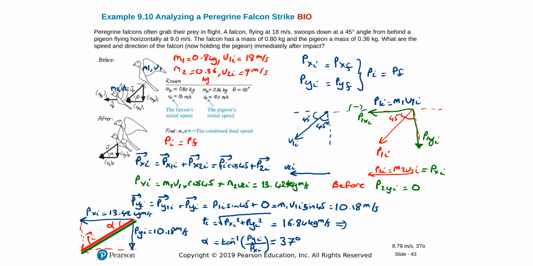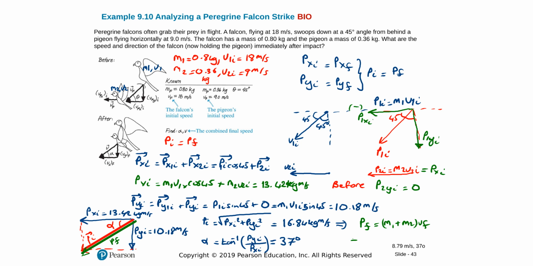Alright, so P final is exactly equal to P initial. And all I have to do now is find the magnitude of velocity using P final is equal to (m1 plus m2) V final.